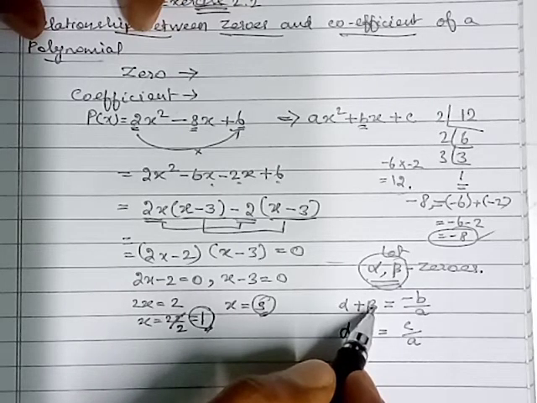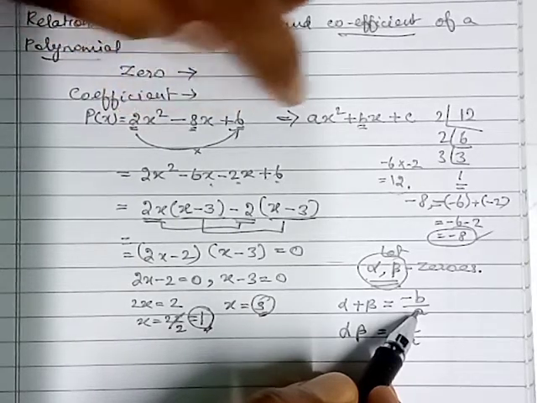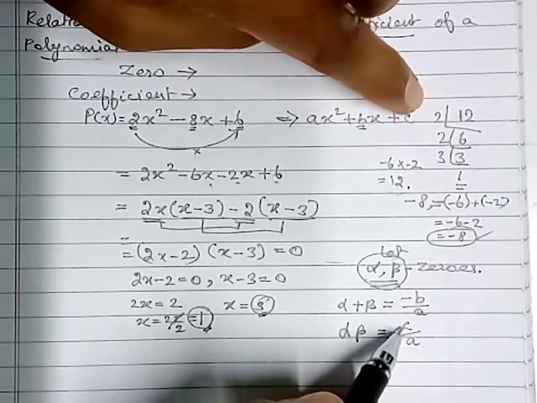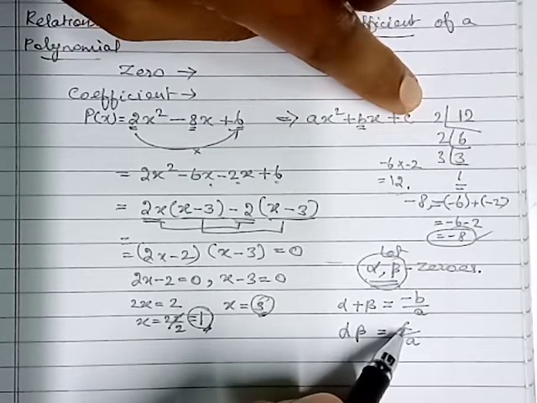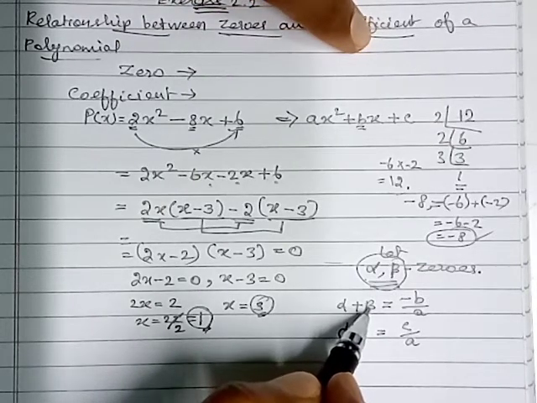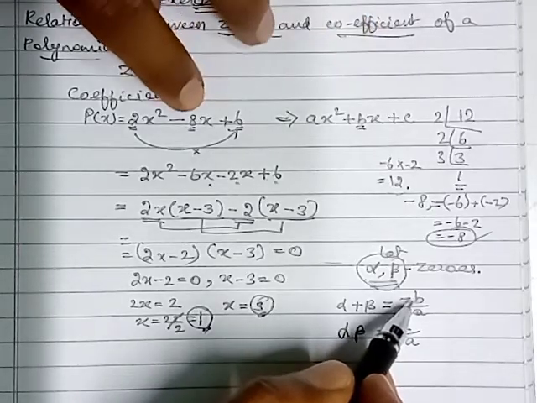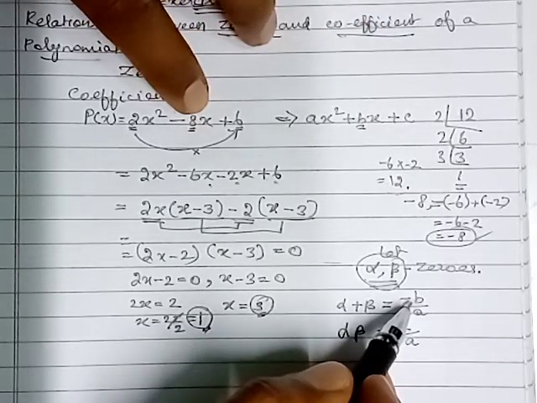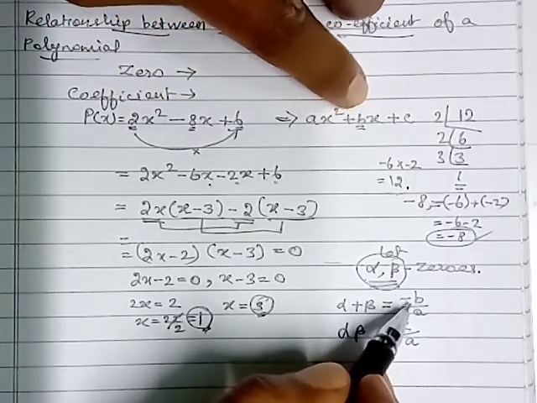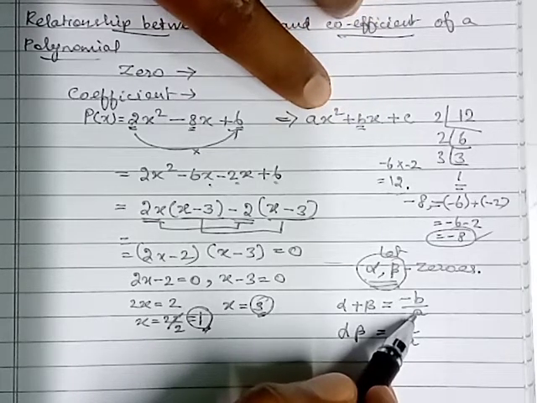Alpha and beta are zeros. a is the coefficient of x squared, right? And c is the constant of the polynomial. So if you add the two zeros, it will be equal to minus b by a, where b is the coefficient of x and a is the coefficient of x squared.